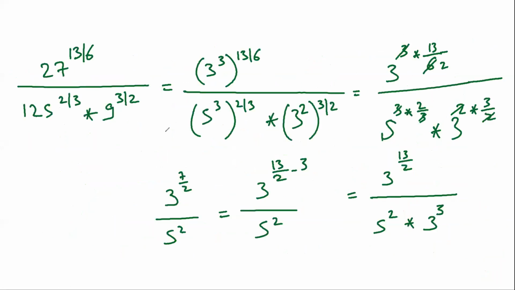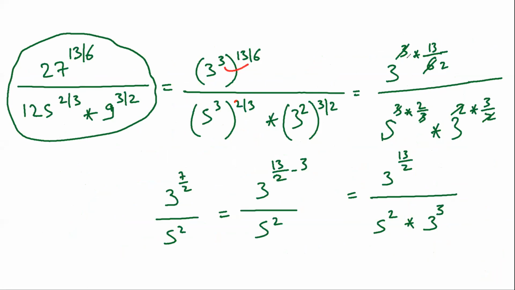So this is the monster that we had got, and we were trying to unwind this. I can write 27 as 3 cube raised to power 13 by 6, and 125 as 5 cube raised to power 2 by 3, and 9 raised to power 3 by 2 as 3 square raised to power 3 by 2. I hope you also got this answer. So I can multiply this and this.